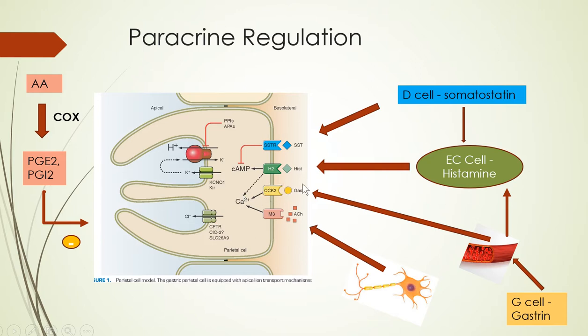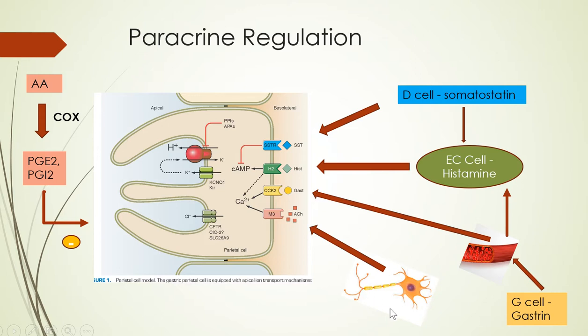Gastrin binds to cholecystokinin receptors because they are from the same family. That's how gastrin binds to CCK2. Okay. Now we have seen how histamine is increasing gastric acid secretion, and gastrin, by increasing histamine and also directly, increases gastric acid secretion.